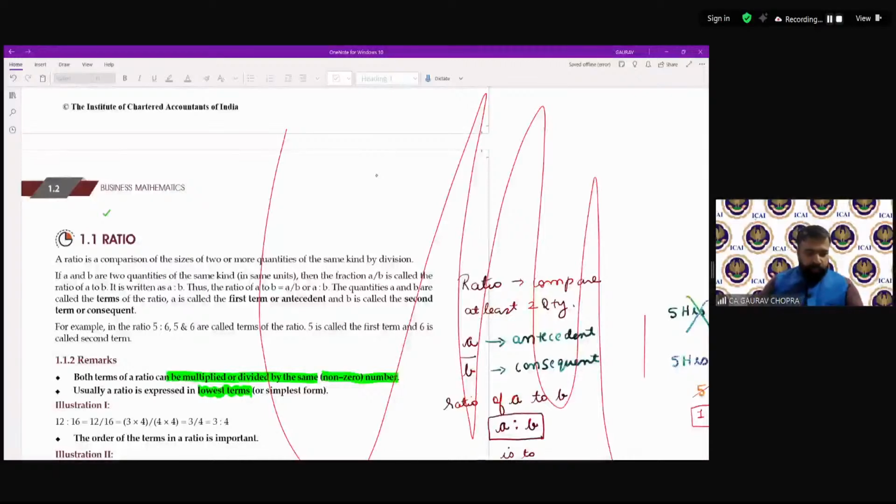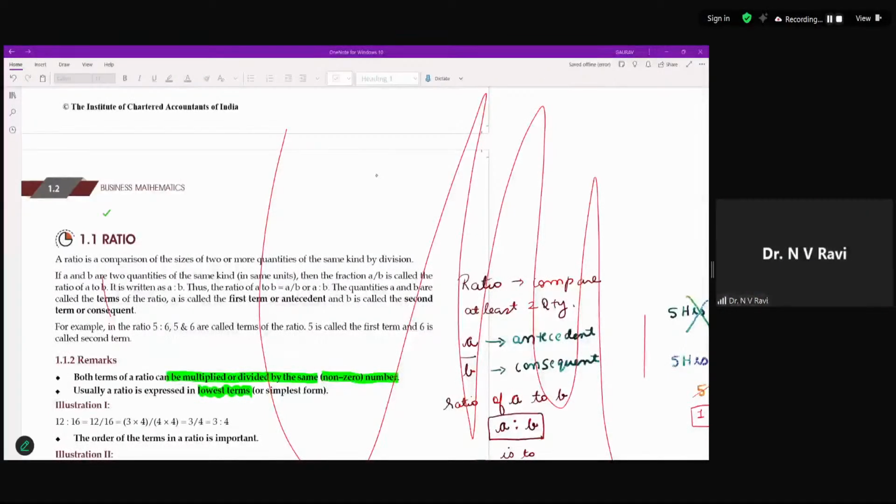Technical team, can you please remove this from the screen? Mr. Nishad, can you remove these lines?